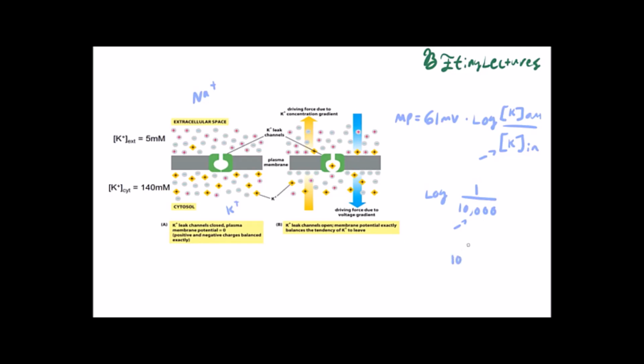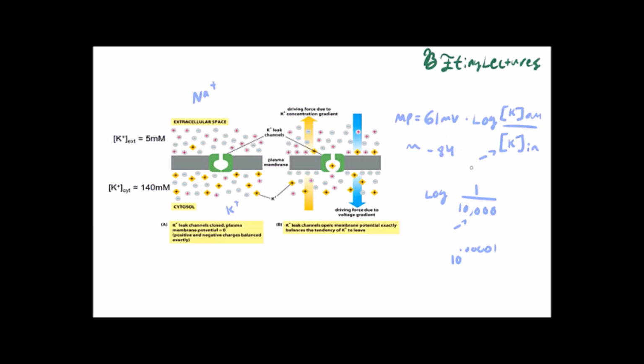This is like 10 to the, let's say, negative 5, and 10 to a negative power is some small number whose log is negative. So what I'm saying is, because there is more potassium inside the cell than there is outside of the cell, this is a negative number. If the bottom of the log is larger than the top of the log, this is a negative number. So hypothetically, let's say that this is equal to negative 84.